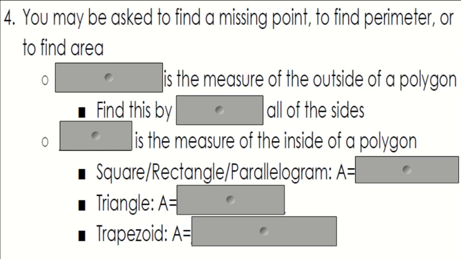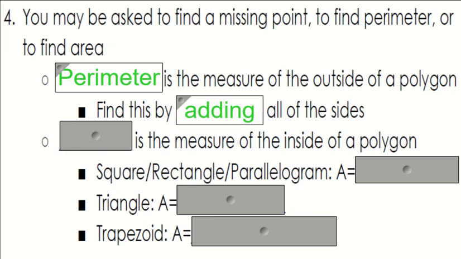Some shapes, it's necessary to plot them though for this, okay? Sometimes you might be asked to find a missing point, find the perimeter, find the area. If you're finding the perimeter, how do you find perimeter? Yeah, it's adding up all the sides. For y'all, it's pretty much going to be rectangles for the perimeter problems, okay?